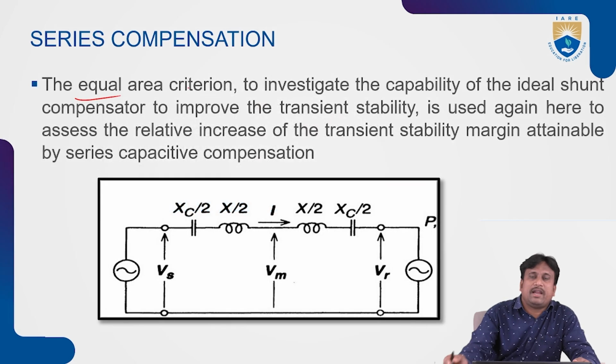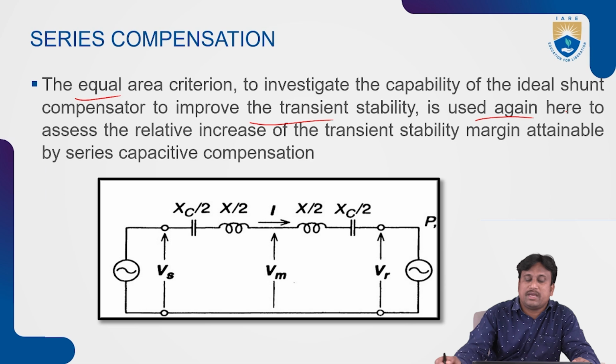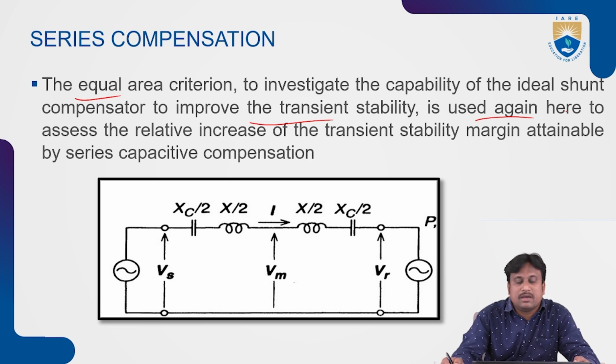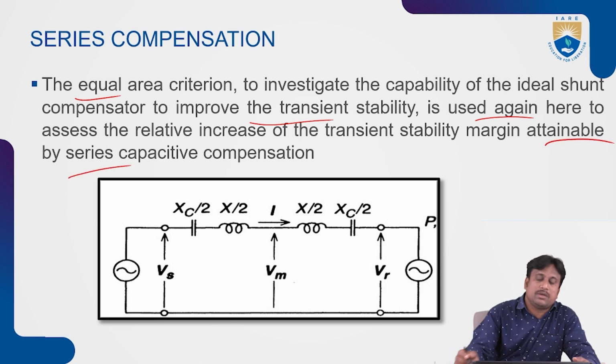So the equal area criterion is the best method to investigate the capability of the ideal shunt compensation method. This is ready to improve the transient stability, and it should be used again here to assess the relative increase of the transient stability margin that should be attainable by the series capacitive compensation method. So here this compensation strategy contains a series combination of Xc by 2 and X by 2.